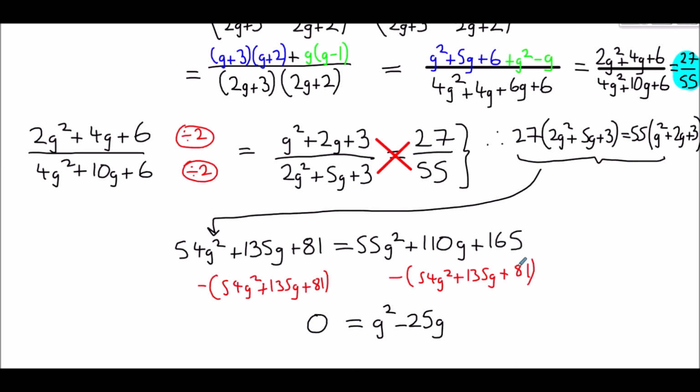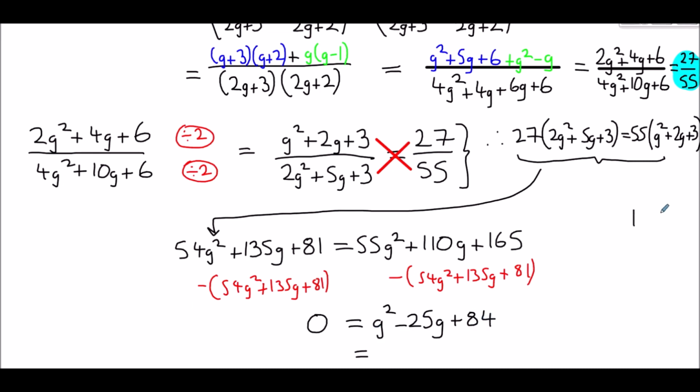And 165 take away 81, well, that will just leave us with 84. Now, have faith, will this factorise? Can we think of two numbers that multiply together to give 84 and add up to minus 25, apologies? Well, let's just think of number pairs for 84.